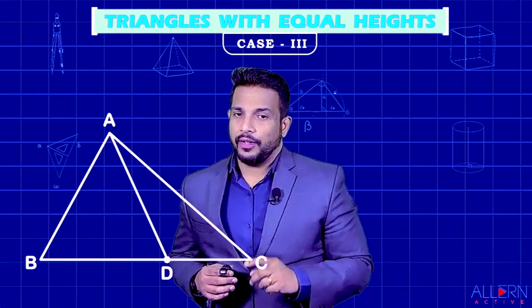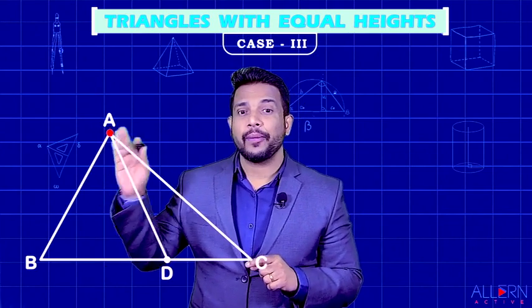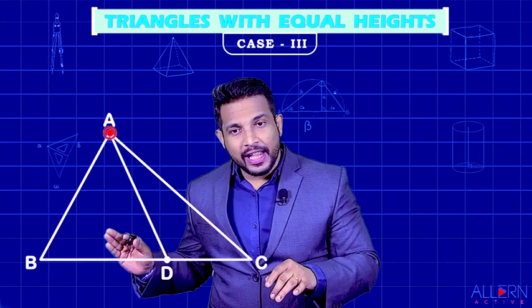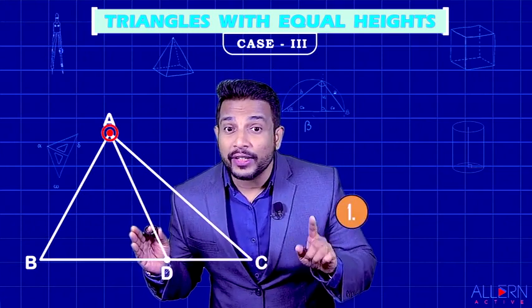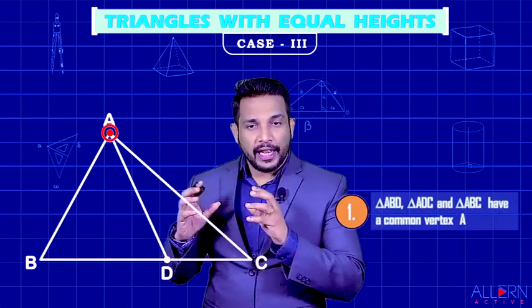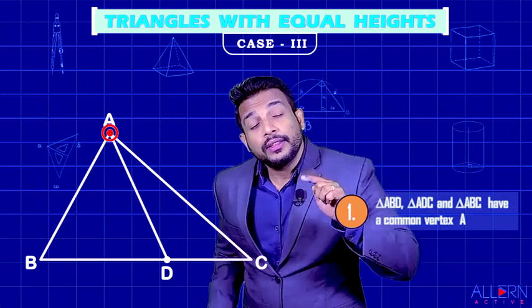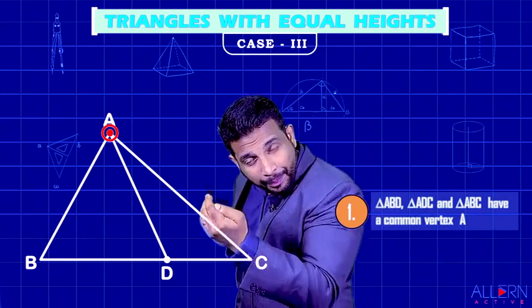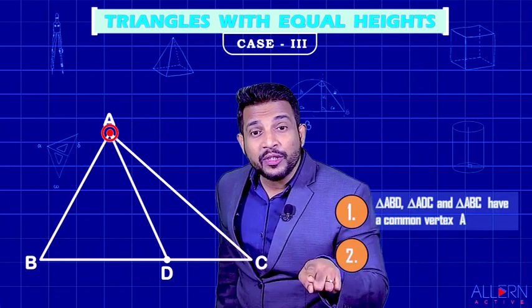The 2 reasons are very simple. All the 3 triangles here have a common vertex A. A is common for all the 3 triangles. It's there in triangle ABD, it's there in triangle ADC, and it's there in triangle ABC. So it has a common vertex. That's the first thing which we write: triangle ABD, triangle ADC, and triangle ABC have a common vertex A. The other thing is, from that vertex, we had dropped a perpendicular on base BC.